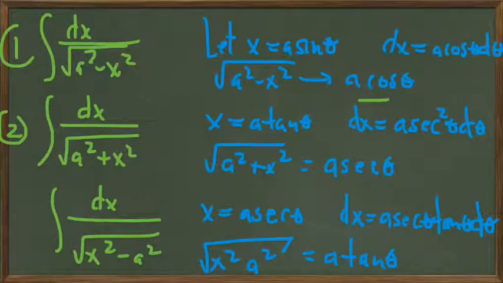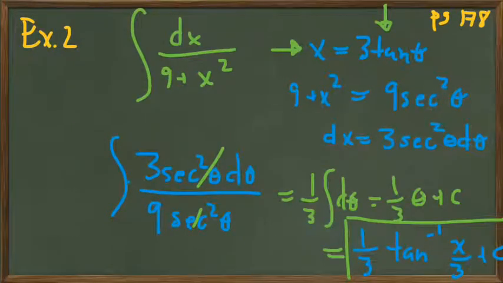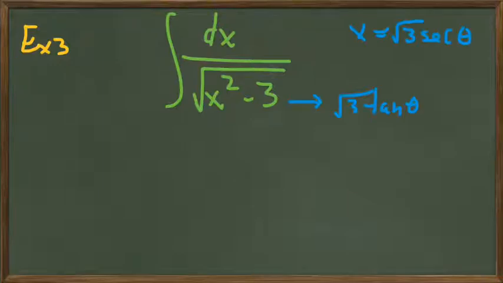This is an example of this third type. The a in this case is the square root of 3, so the substitution is square root of 3 secant theta, and the radical is going to turn into square root of 3 tangent theta. And the dx is square root of 3 secant theta tangent theta d theta.